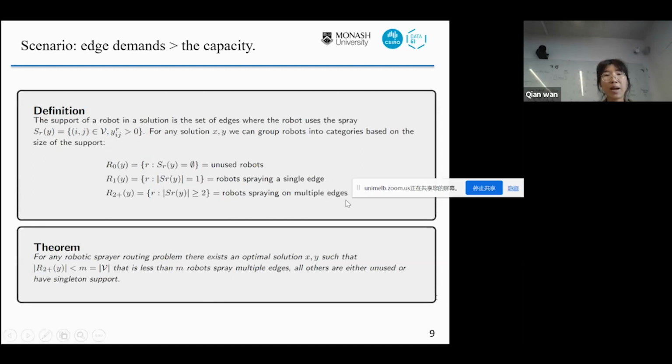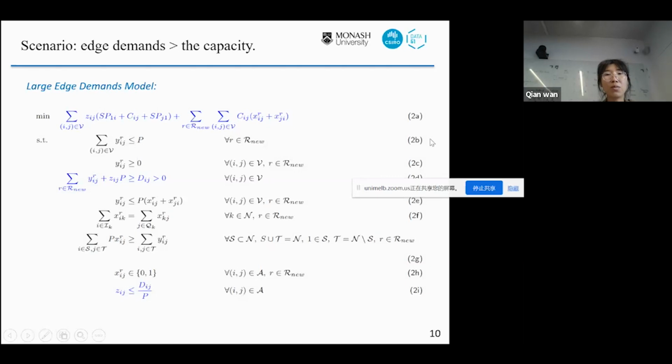So by using the theorem, we can simplify here. When the edge demands are greater than the capacity, we can split into two sets of robots. The first part is about the singleton robots, and the second part is about the multiple-edge robots.